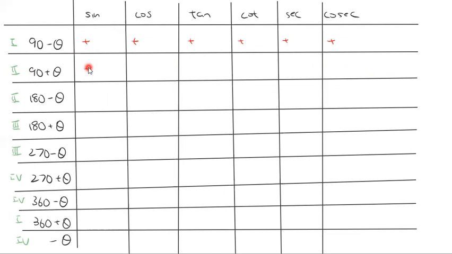Positive. Cosine? Negative. Tan? Negative. Cot? Negative. Sec? Negative. Cosec? Positive. Good. So can you quickly go through the rest and fill in whether it's positive or negative, labeling it on the left, as I've done for the moment?